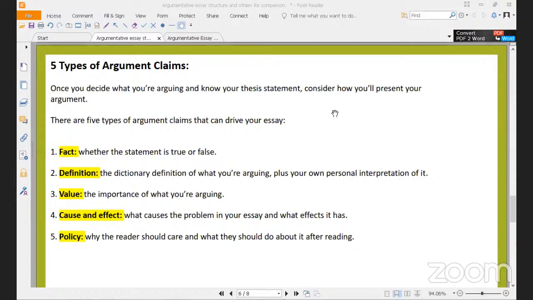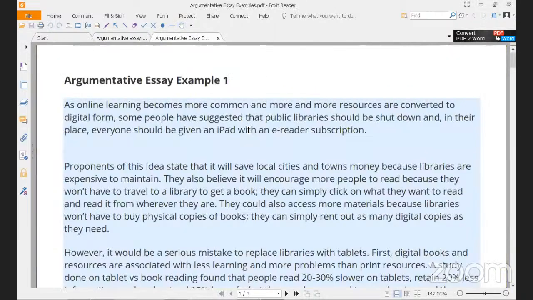Okay, so let's see. Before we get back into the rest of the presentation, let's read some argumentative essays. Yes, there's a lot of words, teacher. Yes, this class is about reading, reading, reading, reading, and reading.